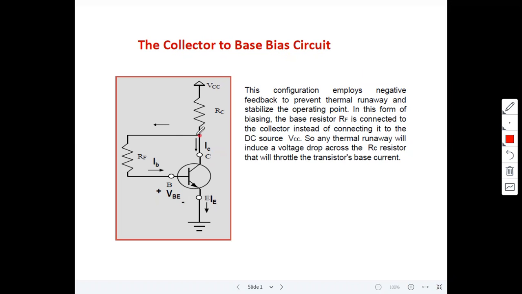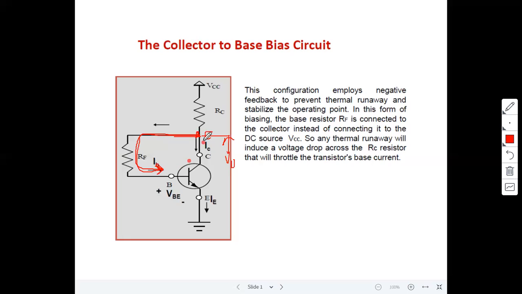Here, observe that this is the collector node. This collector node is common to both input and output. Some part of the output is again connected to the input. Here at the collector, we take the output voltage, and some part of this output voltage is fed back and given to the input.